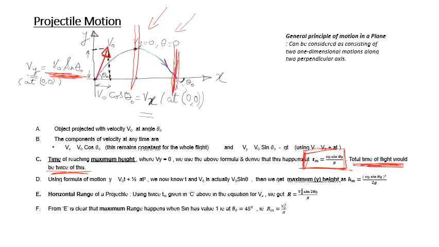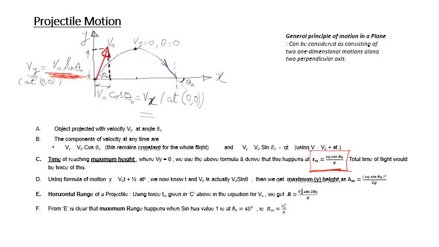So if we know the time at this point, we multiply it by 2 and we get the time when it reaches this point. So basically, the time for the object to come back to the ground is twice this point's time.